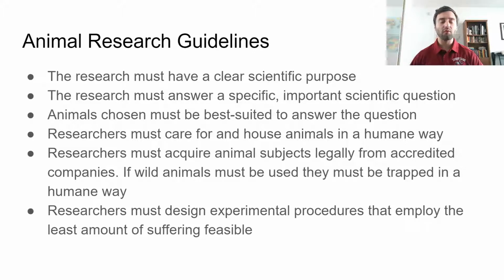But for certain kinds of research we might use something else. Rats are pretty common as well, just because they're a lot larger, and they have bigger brains if we need to work with those. But you need to show that whatever animal we want to use is chosen because they are the best choice, because they're going to be able to be used most effectively for what we want.